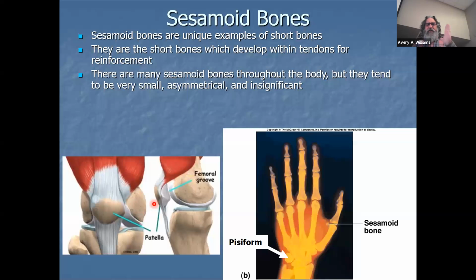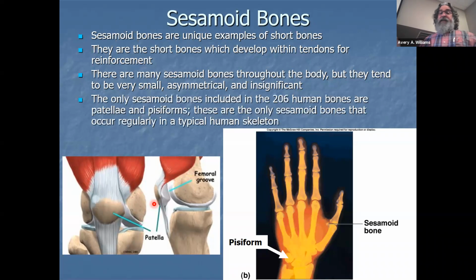There are many sesamoid bones throughout the body, but they tend to be very small and asymmetrical and insignificant. And due to that, we don't include them. The only sesamoid bones included in the 206 human bones are the patellae, that's your kneecaps, and the pisiforms, and that's the pisiform.